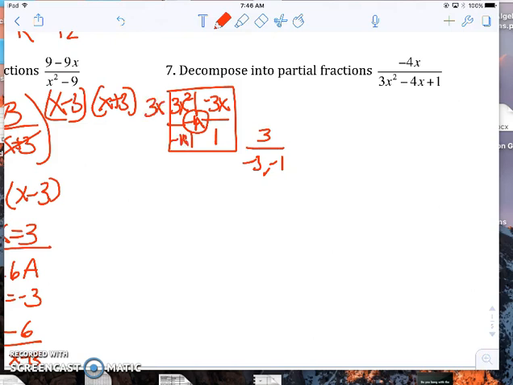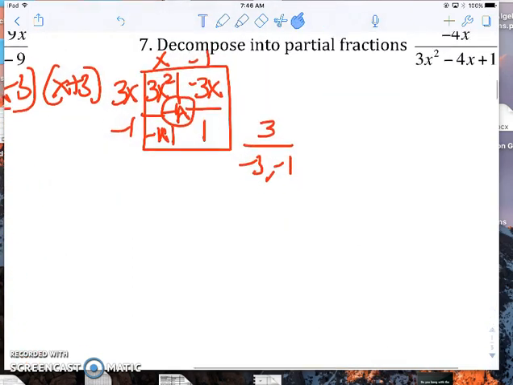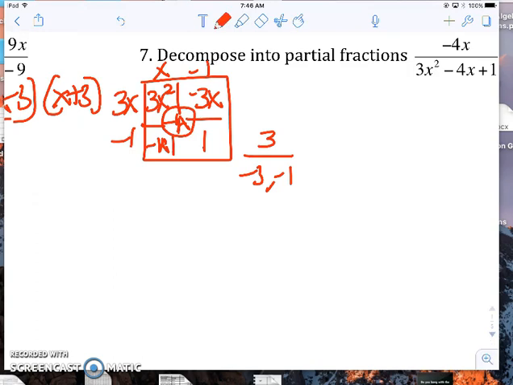So it would be 3x times x minus 1 minus 1. So this factors into negative 4x divided by x minus 1 times 3x minus 1.